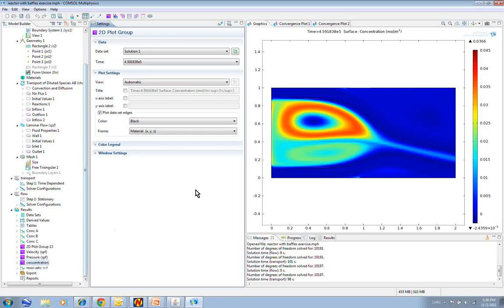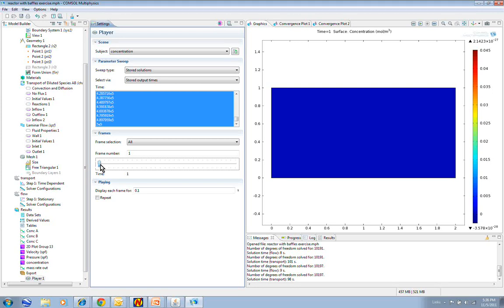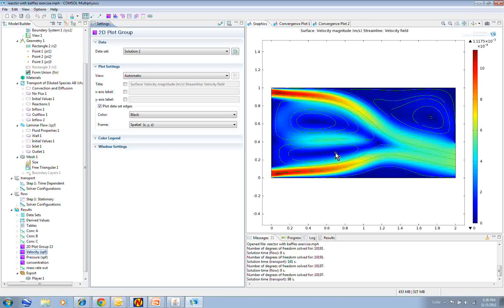And the concentration distribution. This was somewhat surprising. Let's go down here and take a look at the player. If we take a look and advance this, let's take a look at the velocity here. What I thought was going to happen was we inject these two compounds, and they come together here, and this is where the mixing is taking place, and so this is where the reaction would happen.